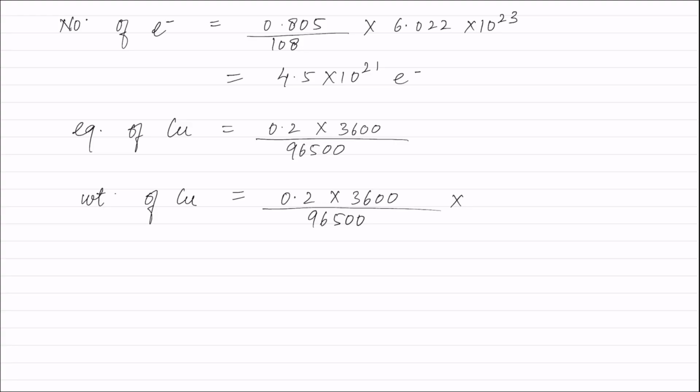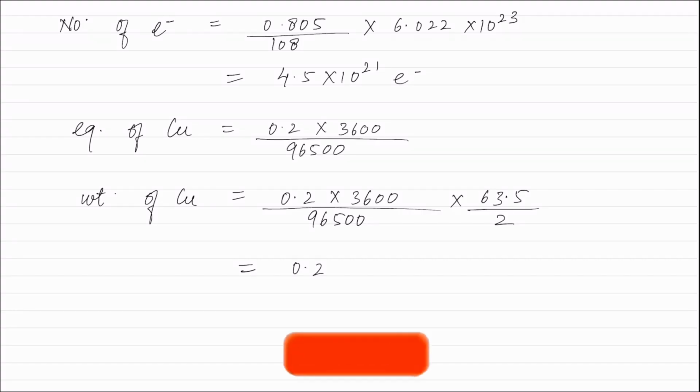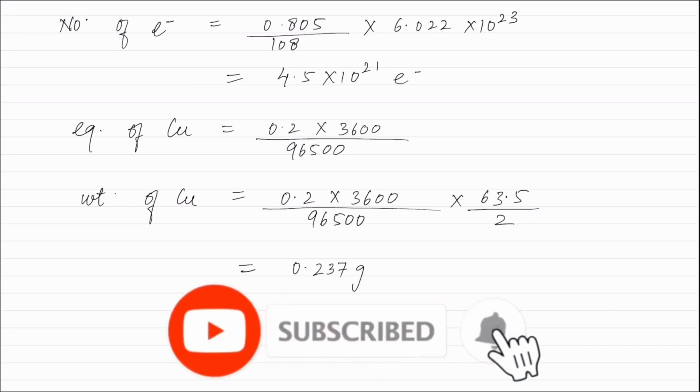Equivalent weight of copper is 63.5 divided by 2. Solving this, weight of copper is equal to 0.237 grams.